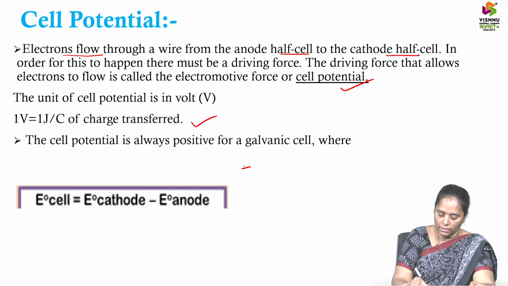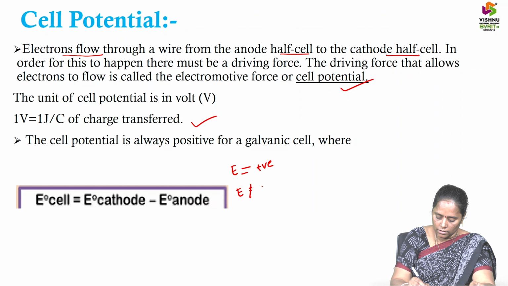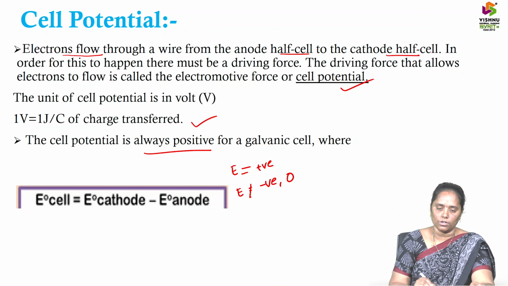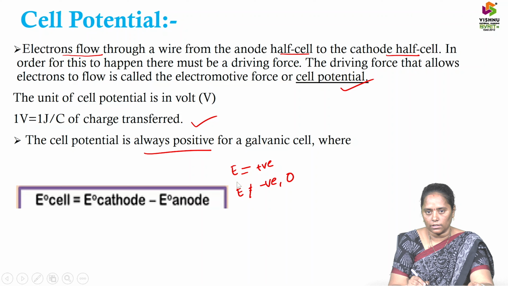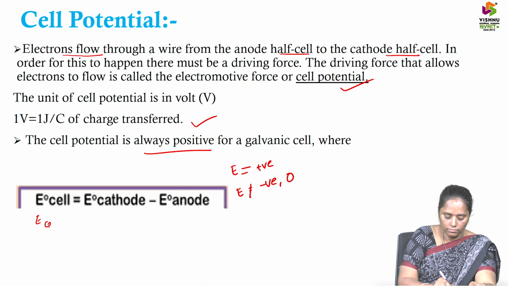It should not be negative or zero. It should always be positive. So how do we calculate this cell potential? Otherwise we call it electromotive force, E cell.